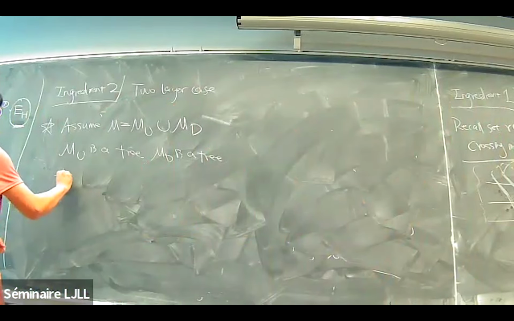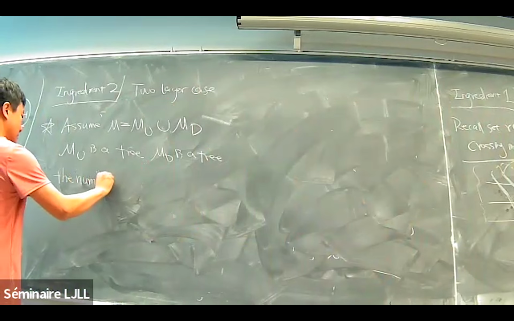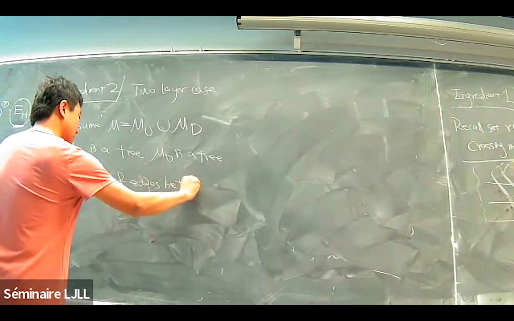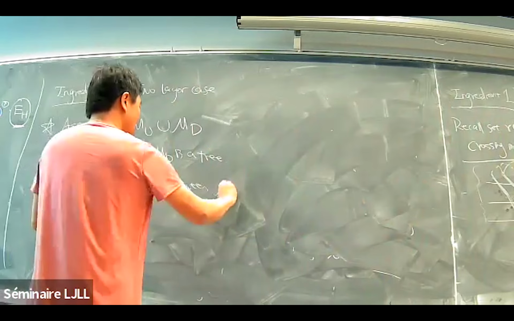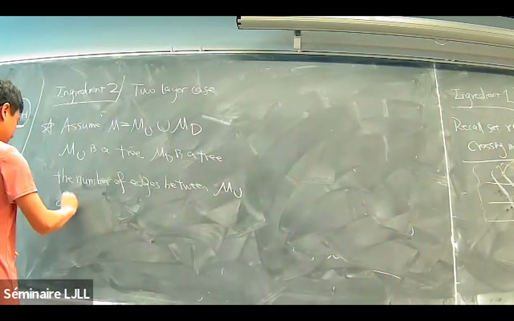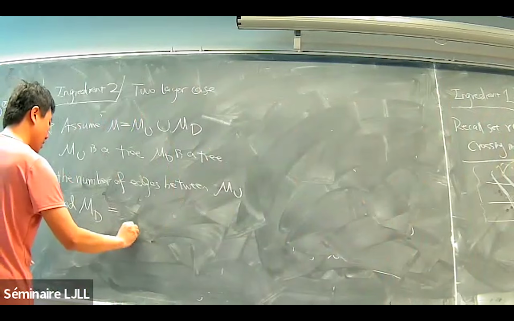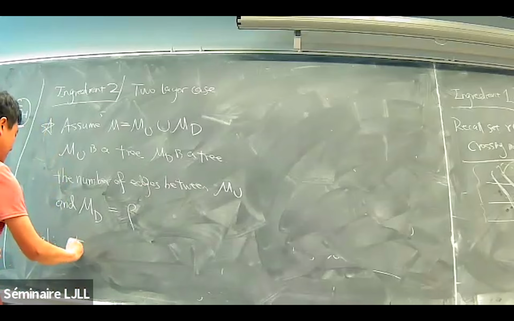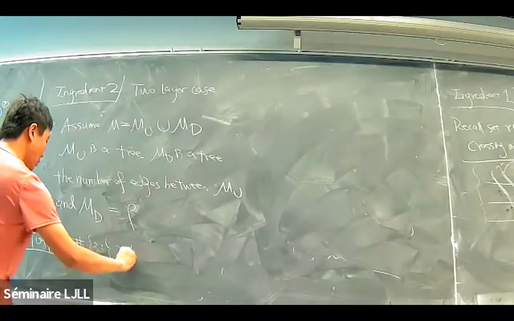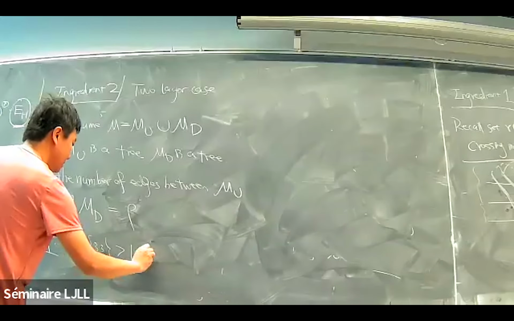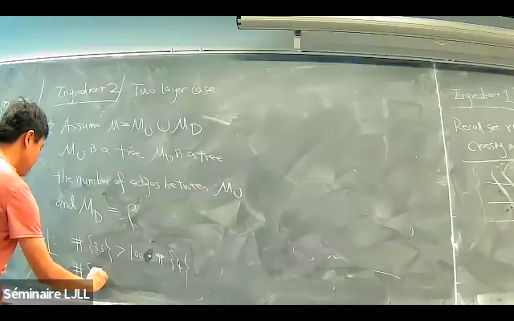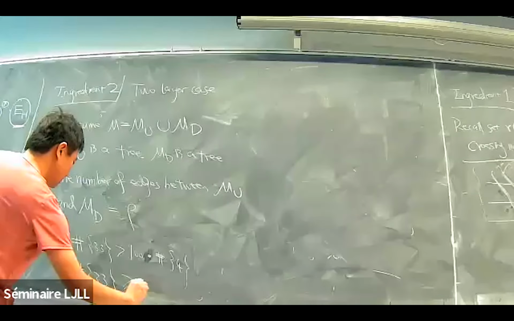So the number of edges between MU and MD is equal to rho. And the goal is still to find a cutting sequence such that the number of 3-3s is bigger than 100 times the number of degree 4.